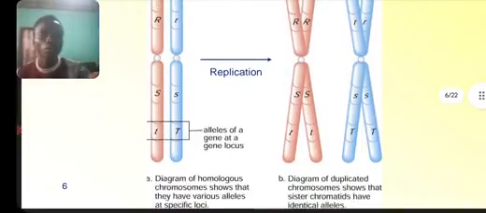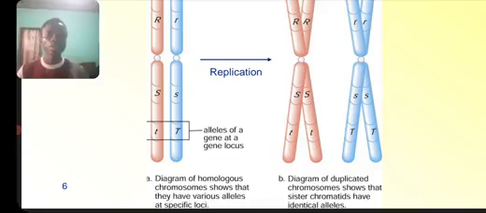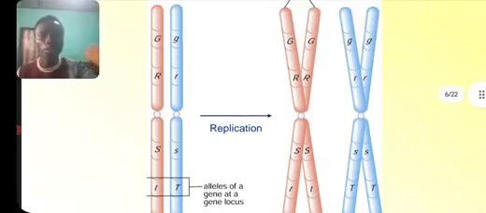This is a diagram of homologous chromosomes showing that they have various alleles at specific loci. We can see the capital G and the small g in the same positions, with similar structure and similar genes.